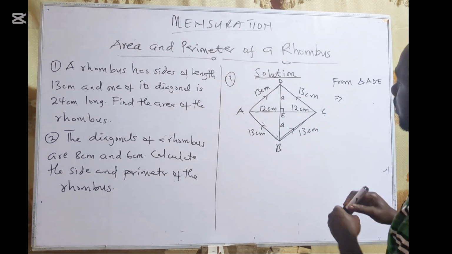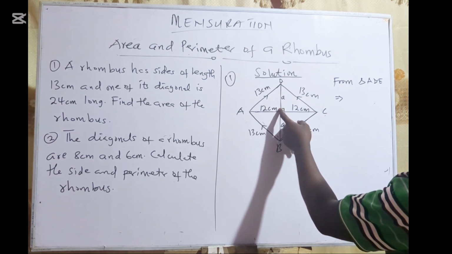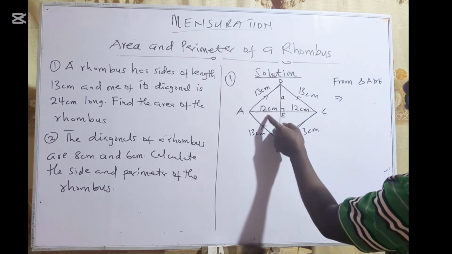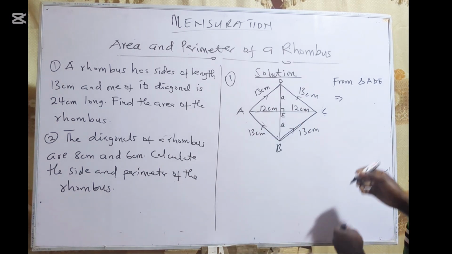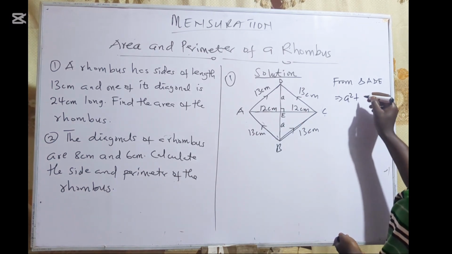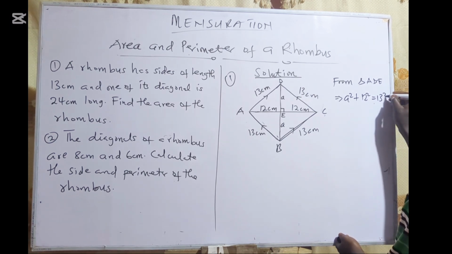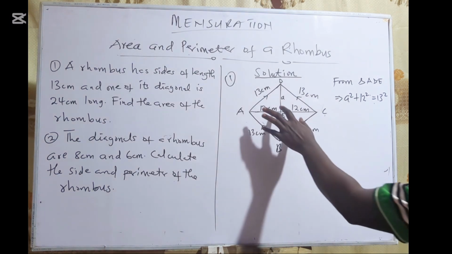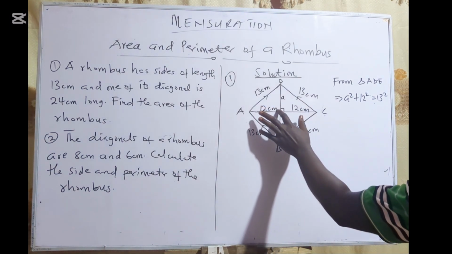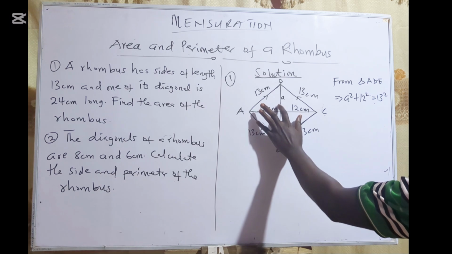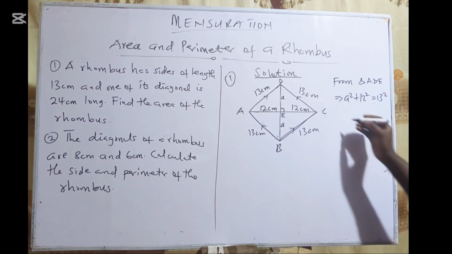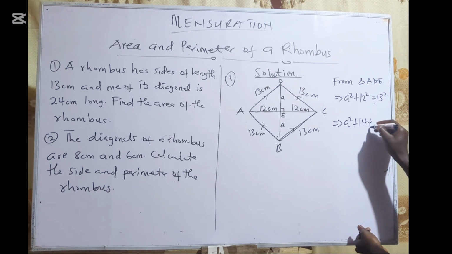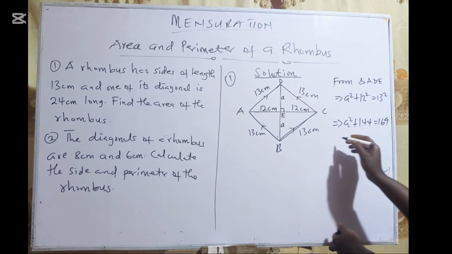Here is 90 degrees. So it means that the 13 becomes the hypotenuse, and these two become the other two sides. So I can use the Pythagoras theorem: A squared plus 12 squared equals 13 squared. 12 squared is 144, 13 squared is 169.